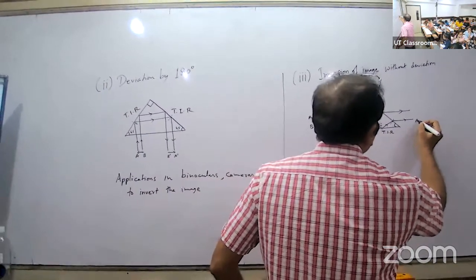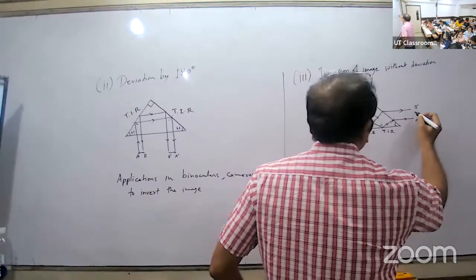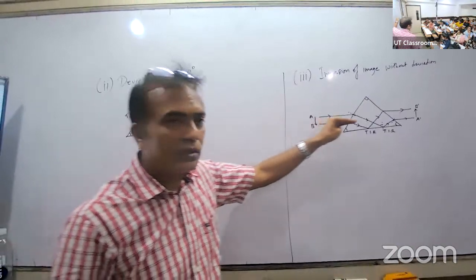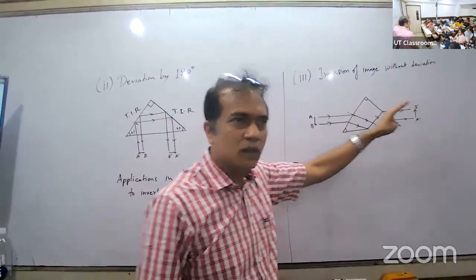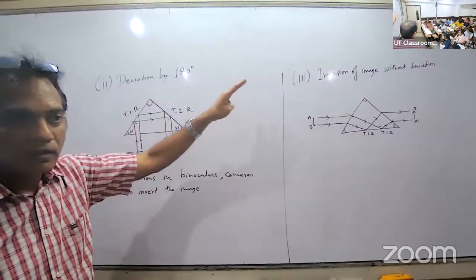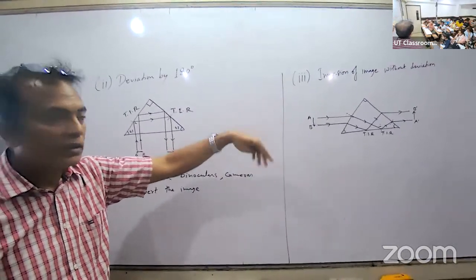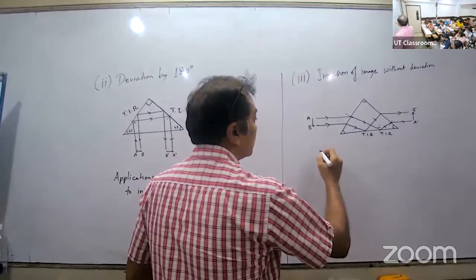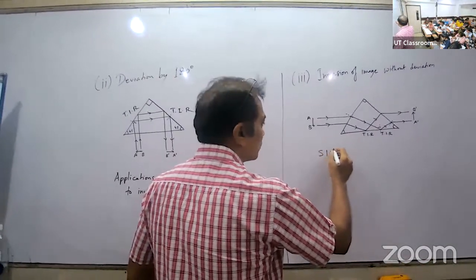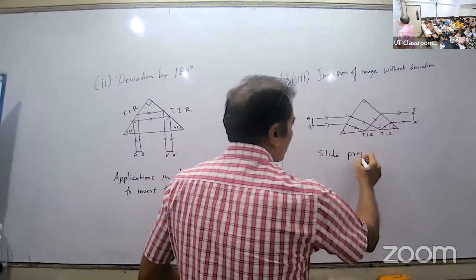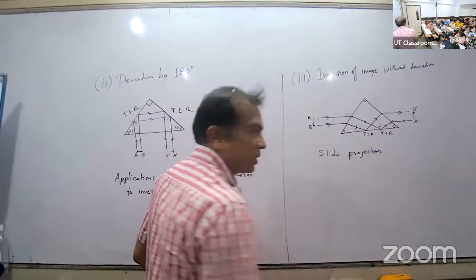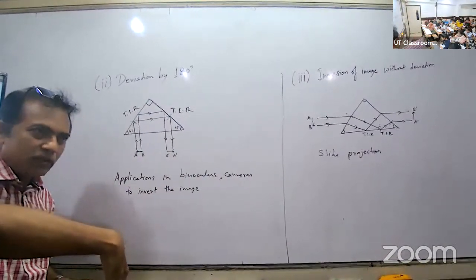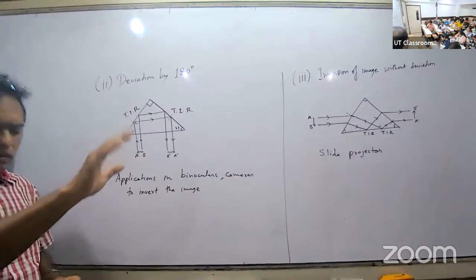A comes down, A dash. Okay, so there is no deviation because input ray and output ray are in the same direction. So where is the application? Slide projector. In slide projectors it is used. You feed the object inverted so that you obtain an erect image.